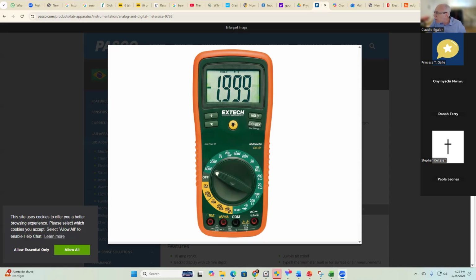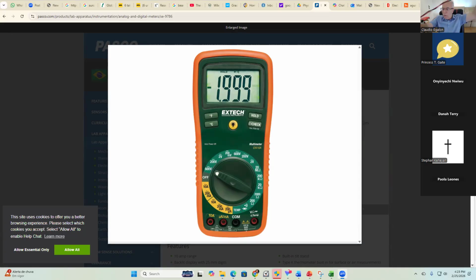Let me see. Here's my multimeter. I want to measure voltage, so I use this red terminal and this black terminal right in here. Every multimeter comes with cables too, probes, and they connect to the multimeter itself. To measure voltage, I connect the red cable to the red terminal, and the black one to the black terminal in the multimeter.